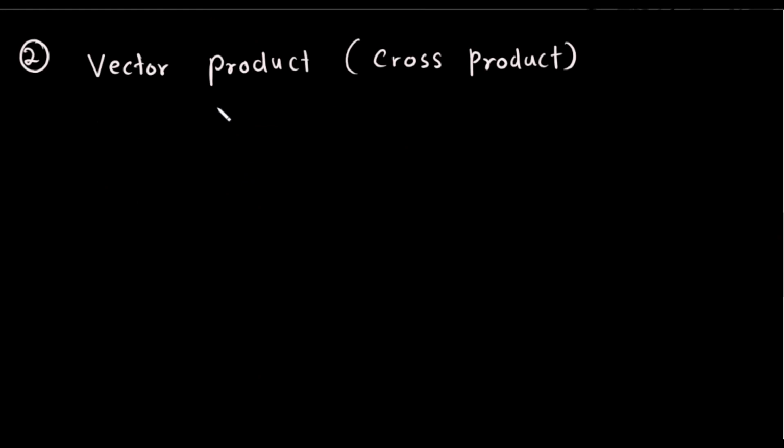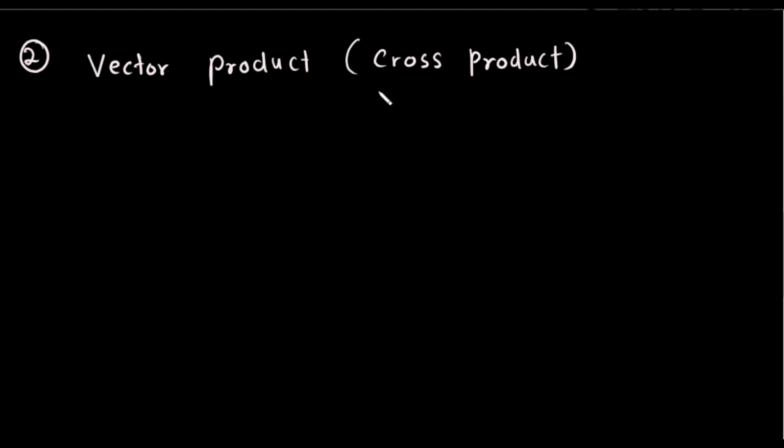Okay, now I'm going to talk about the second product of two vectors, the vector product. It can be called the cross product. Sometimes people refer to this as the cross product.